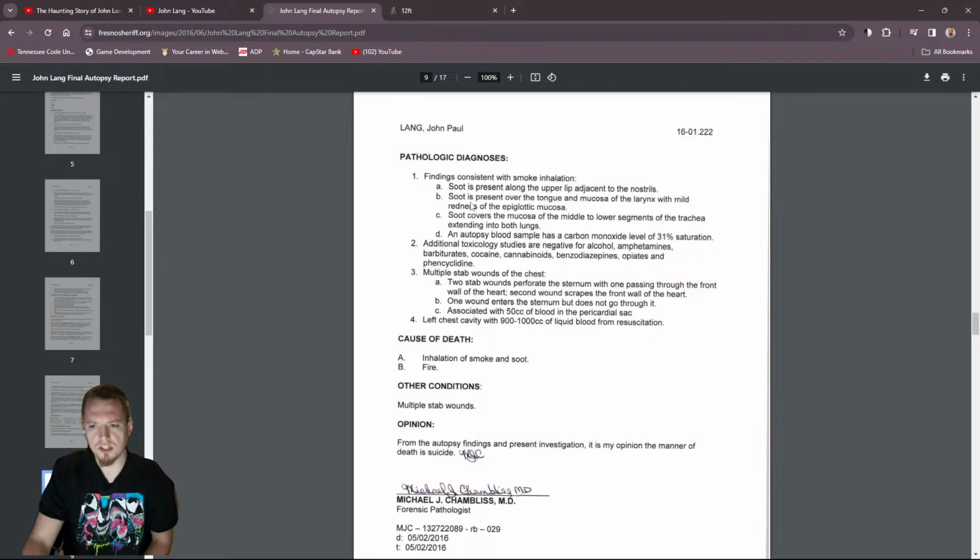If the bread knife is 10 inches long, can that go through to the back?